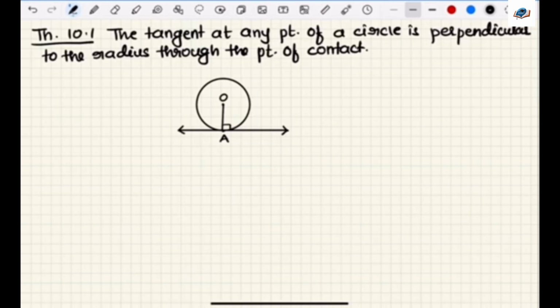This is what the theorem says. Now this theorem's proof is not generally asked as it is a theoretical proof, but let us understand that also.